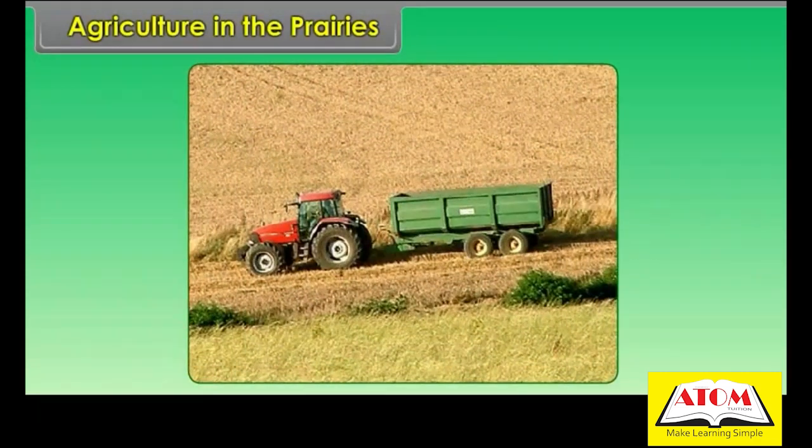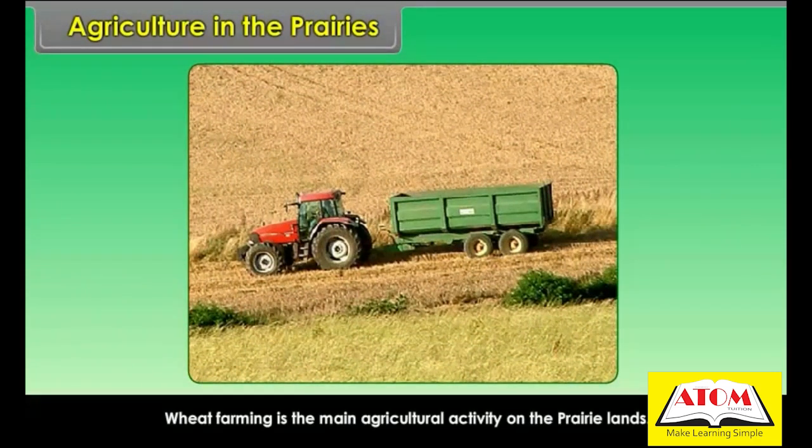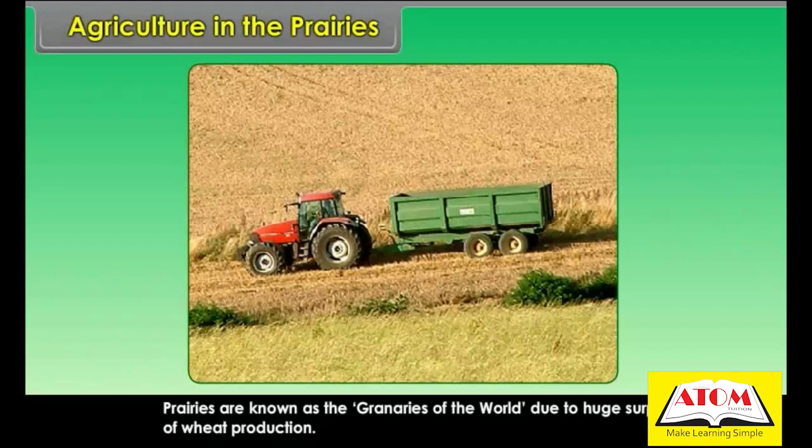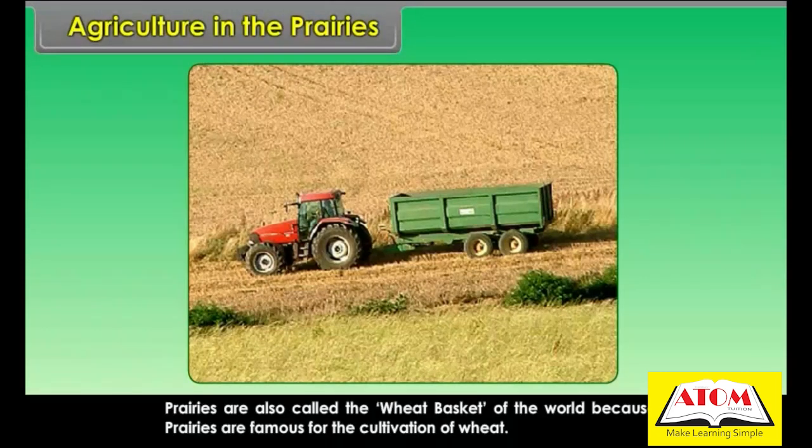Agriculture in the prairies. Wheat farming is the main agricultural activity on the prairie lands. Prairies are known as the granaries of the world due to huge surplus of wheat production. Prairies are also called the wheat basket of the world because they are famous for the cultivation of wheat.